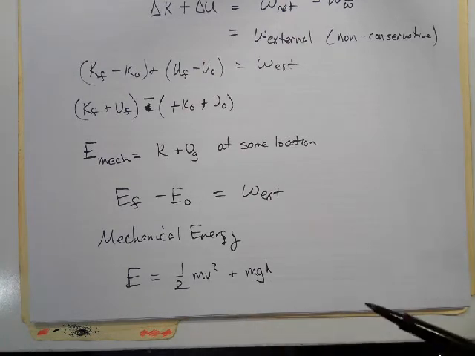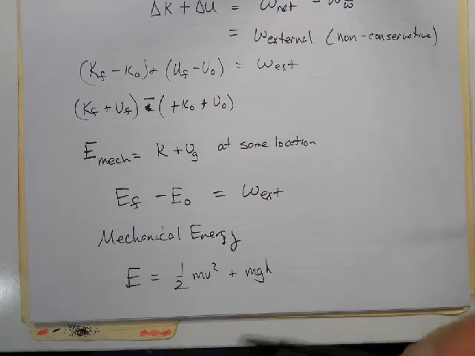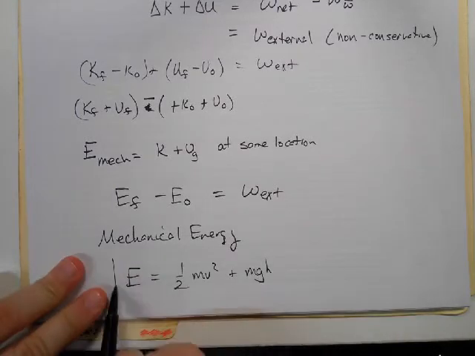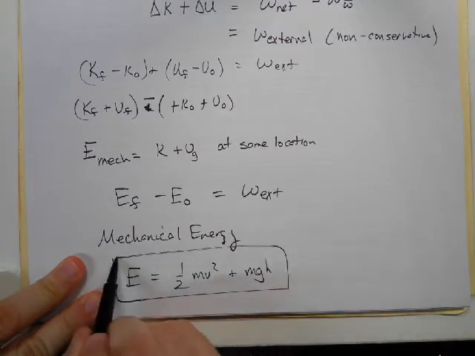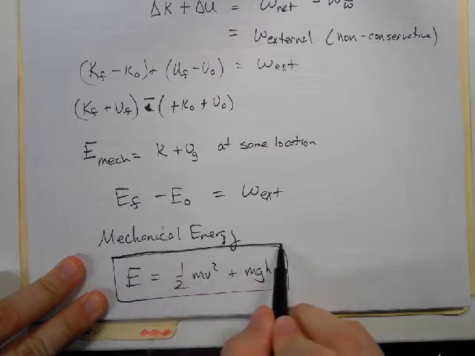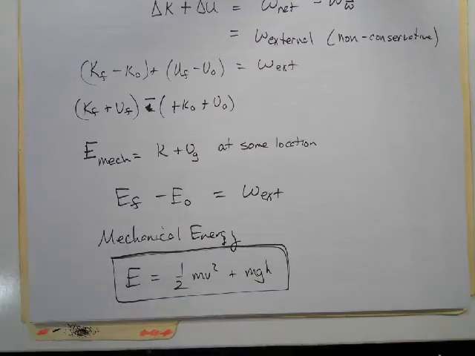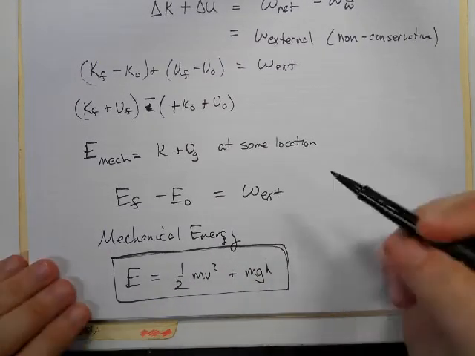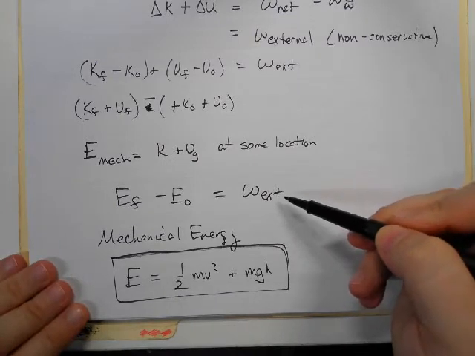When we talk about other types of forces like electricity and magnetism, there can be potential energies for those. The idea is that this is the mechanical energy. So this gets to the bit, well, what if the external work?